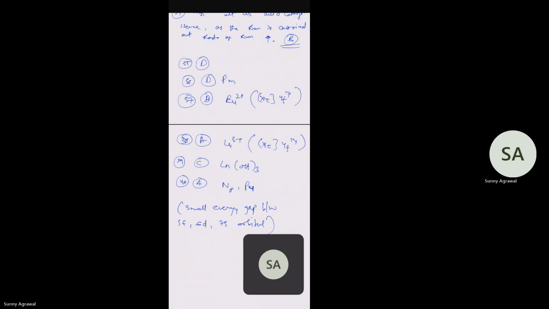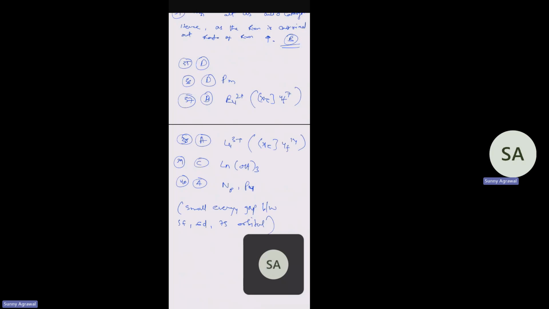Question 38. Which of the following does not show color, having 0 unpaired electrons? So option A, Lu plus 3, will have 0 unpaired electrons. Its configuration will be xenon, then 4f14.